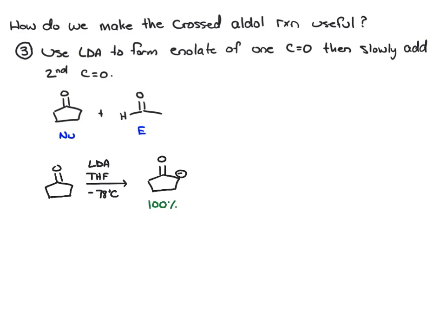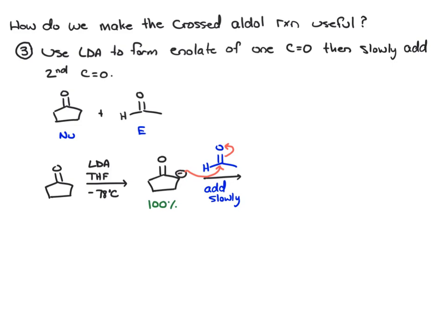Now that you have that formed and stirring in your reaction flask, we can take the acetaldehyde and add that slowly. And the slow addition helps this nucleophilic attack occur as opposed to an acid-base reaction.